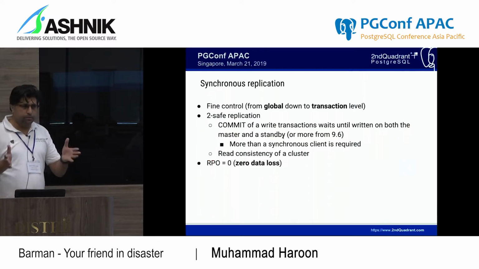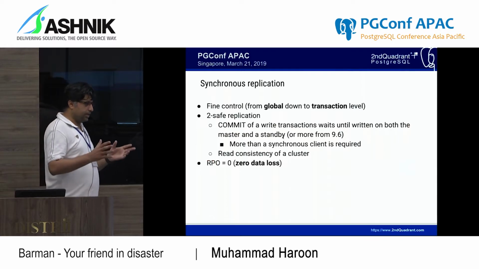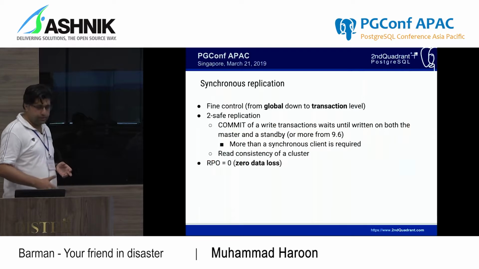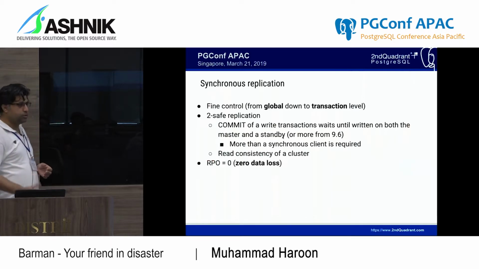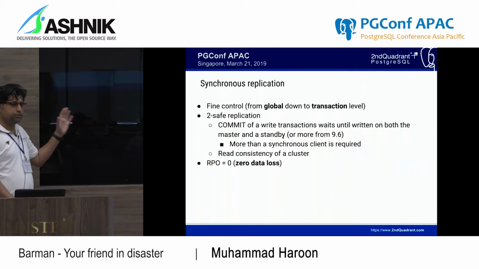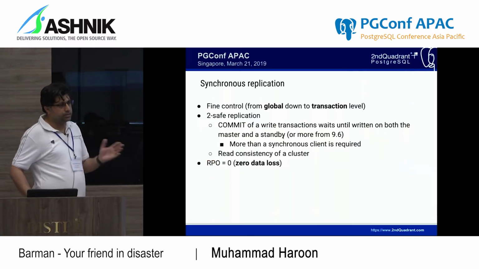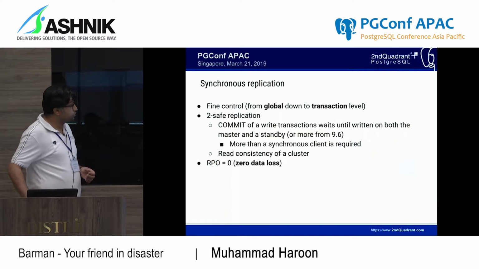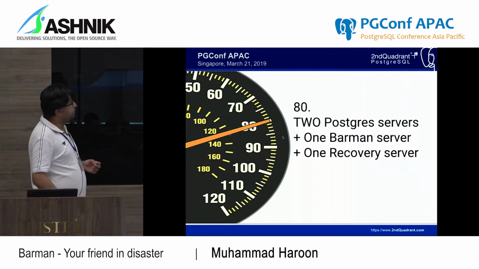So it will guarantee that data between at least two servers is in sync at any given point in time. If the master were to go down at that point, you will have at least one other server which is in complete sync with your master server, and it should be able to take care of the business. So that's the zero data loss here.